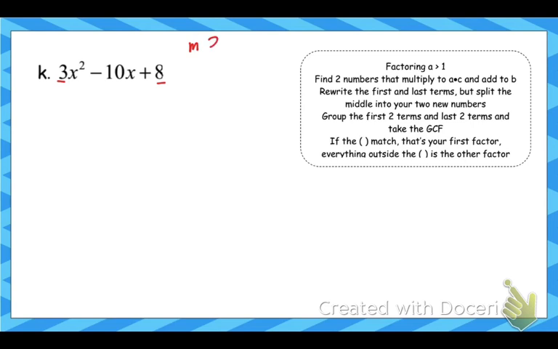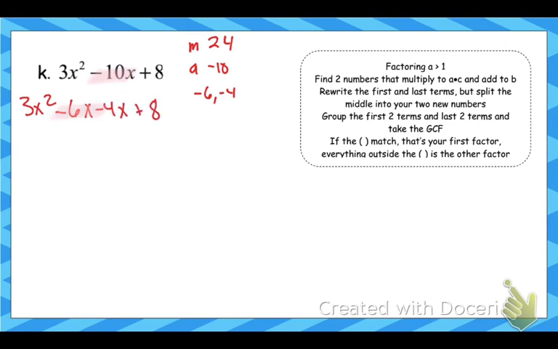And we want to find two numbers that multiply to that value. We also want two numbers that are going to add to the middle number. Once I know what those numbers are, in this case that would be -6 and -4, I'm going to rewrite this problem. But I'm going to change the middle number into those two new numbers that I just came up with.